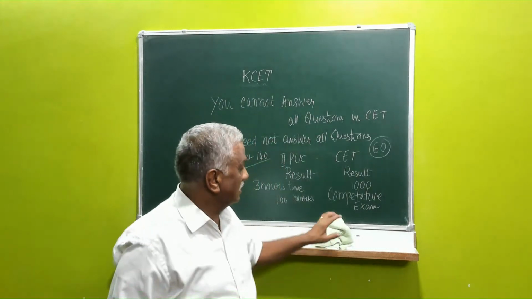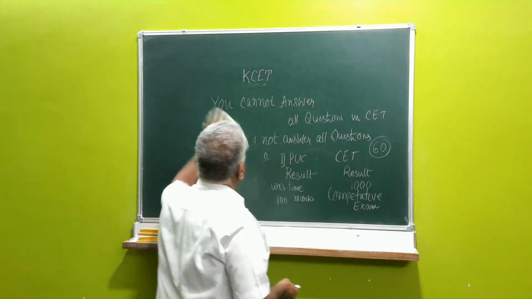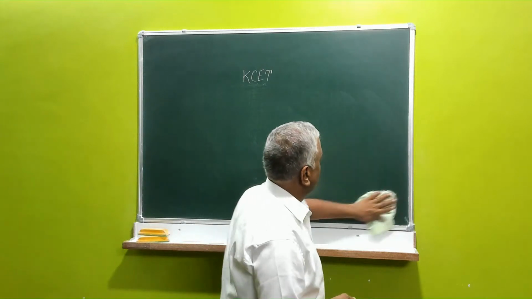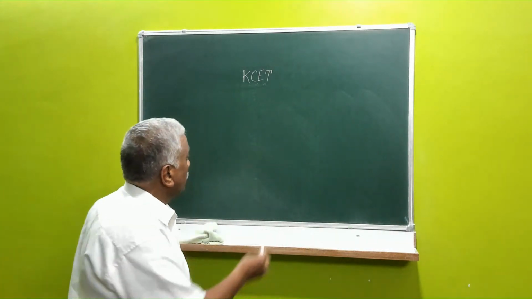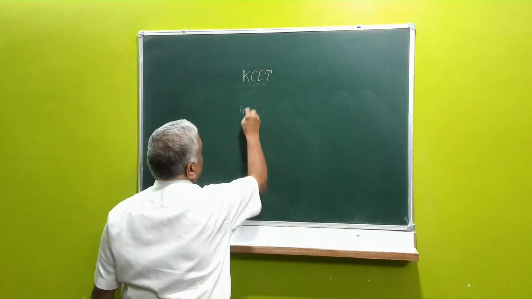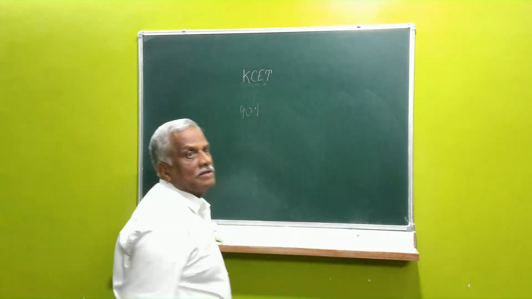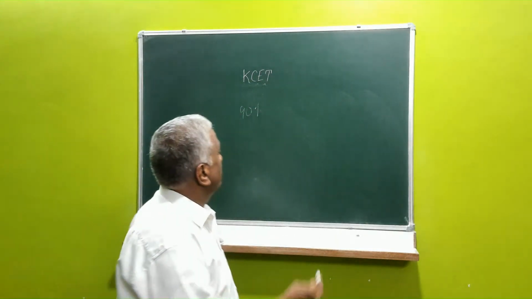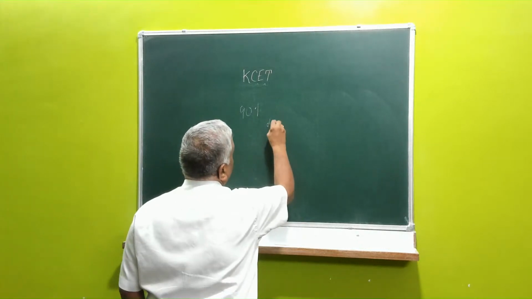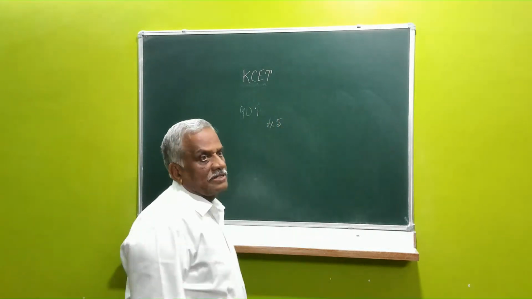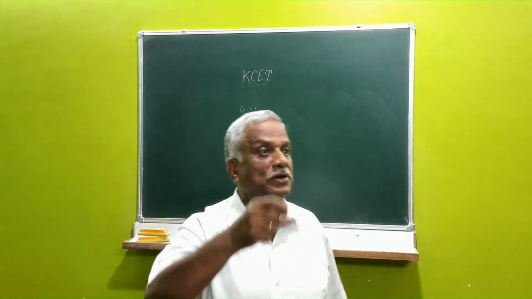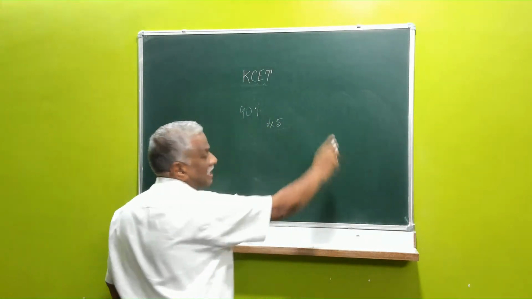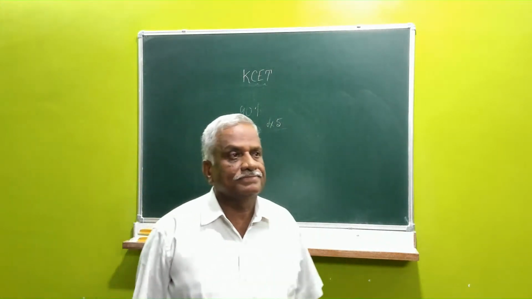So when you look at the performance of the students in the previous years, any student who is scoring around 90% or more in the second PUC public examination, if he gets about 45 marks, that means if he is able to answer 45 questions properly, he can get 45 marks in mathematics.